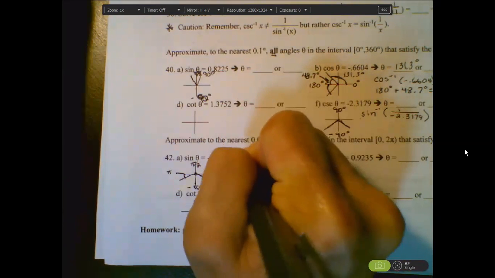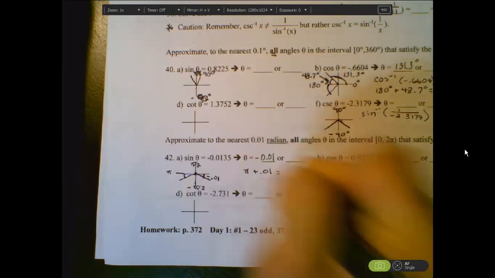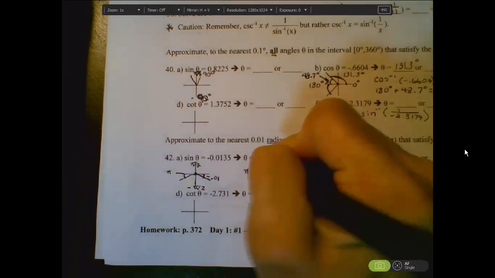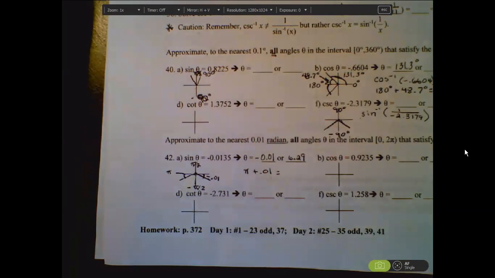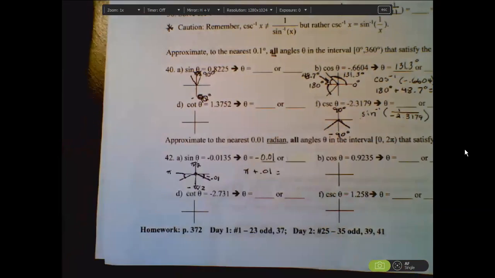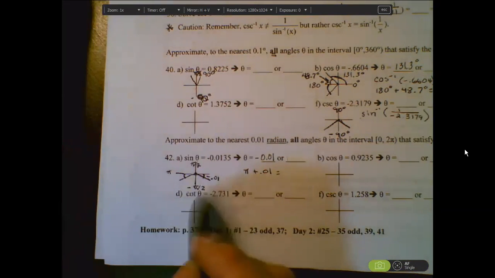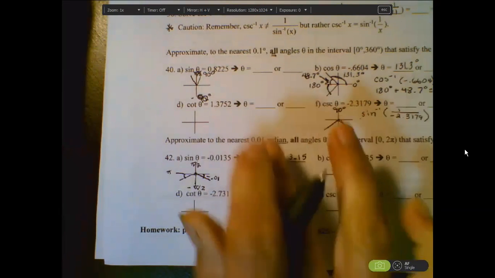So pi plus 0.01 would be 6.28 plus 0.01 is 6.29. No, it's not. Pi is not 6.28. Pi is 3.14. 3.14 plus 0.01 is 3.15.